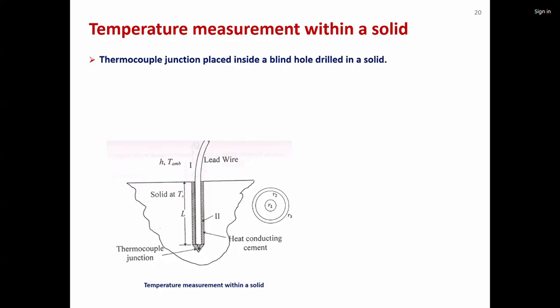So you have basically wire, insulation material, and heat conducting cement here, this annular region. So heat basically goes from this solid whose temperature you want to measure into the tip, and from the tip it gets conducted along the wire. Okay.